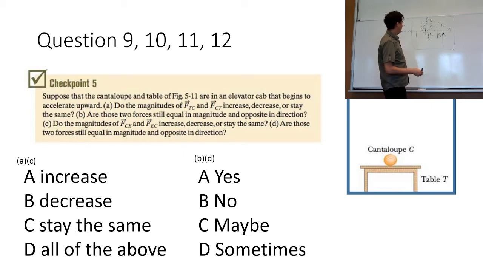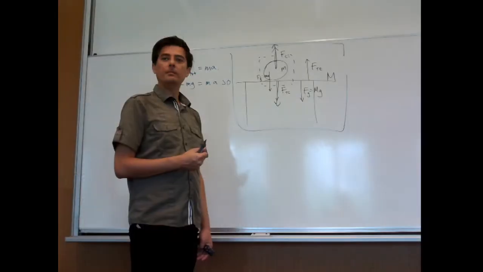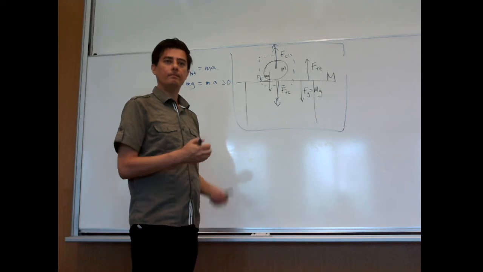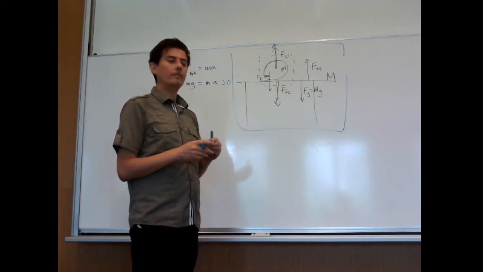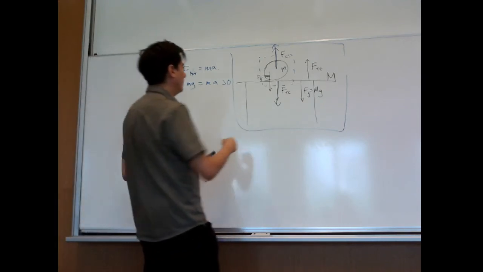And then the Earth, I rubbed out the Earth, but EC is the force on the Earth. Does that increase, decrease, or stay the same? Just stay the same, yeah.